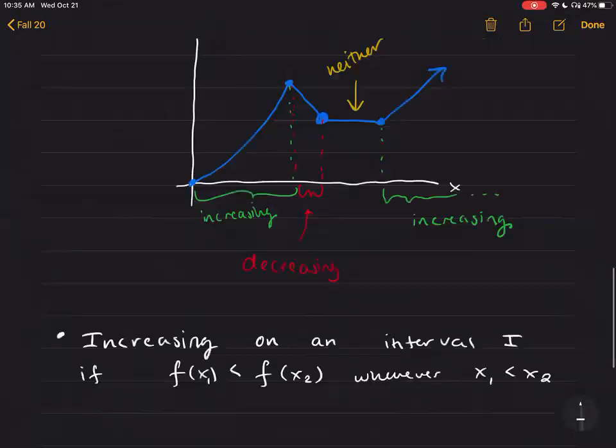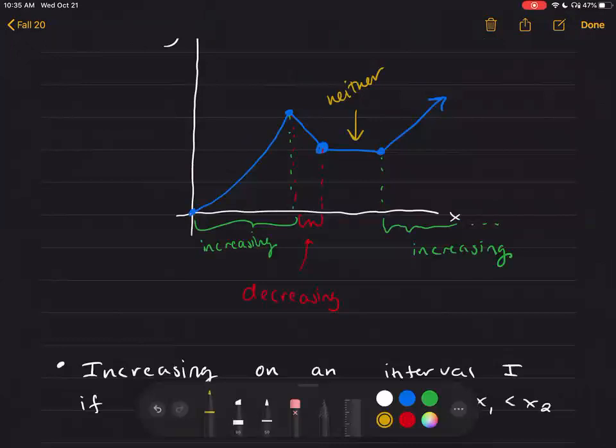To see this on the picture, if we pick this as our x1 and this as our x2, and we go up, this is f of x1 right here. This is our f of x2, and we see that f of x2 is bigger than f of x1, and x2 is bigger than x1. So this is good. That means this definition makes sense. So this is indeed an increasing section.